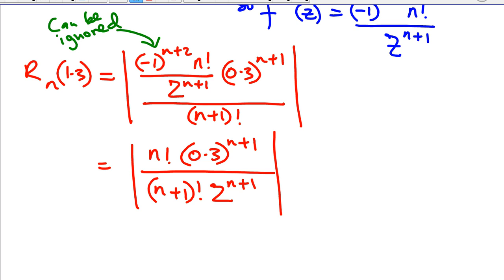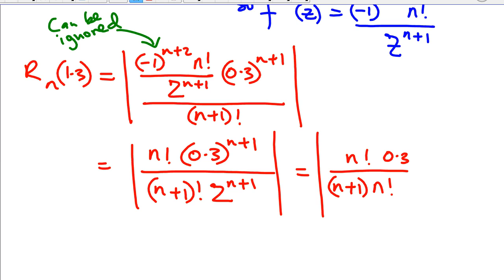All right. So we can simplify that expression that way, which can be even simplified further, because we know that this is the same as n factorial over n plus 1 multiplied by n factorial. And here we have 0.3 to the power n plus 1, multiplied by z to the power n plus 1.